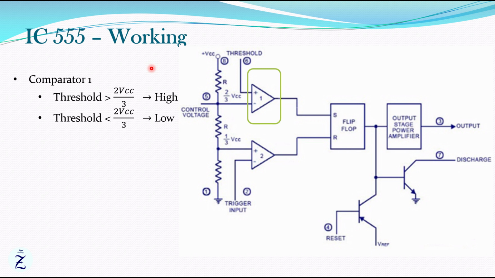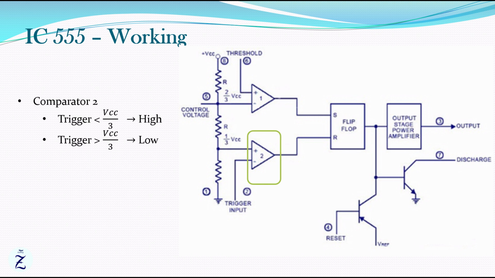Whenever the threshold is higher than 2 VCC by 3, the first comparator will produce a high output. Whenever the threshold is less than 2 VCC by 3, it will produce a low output.